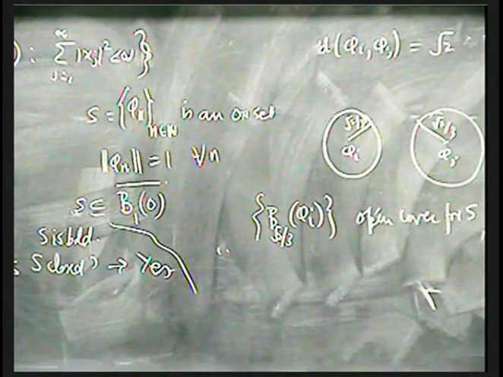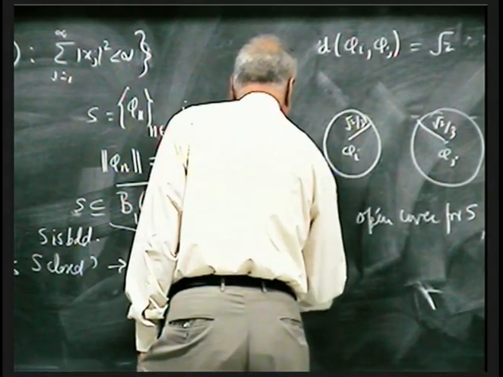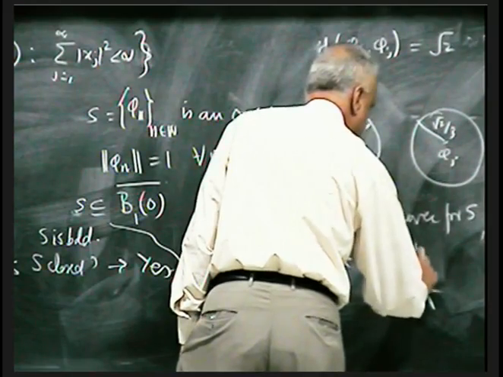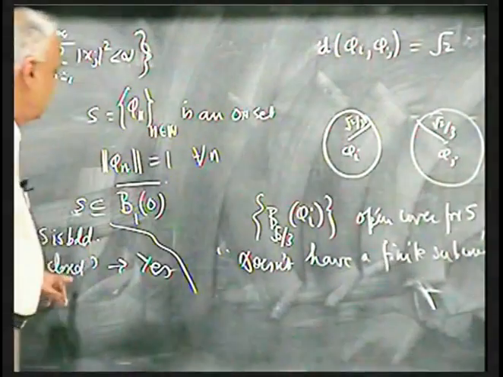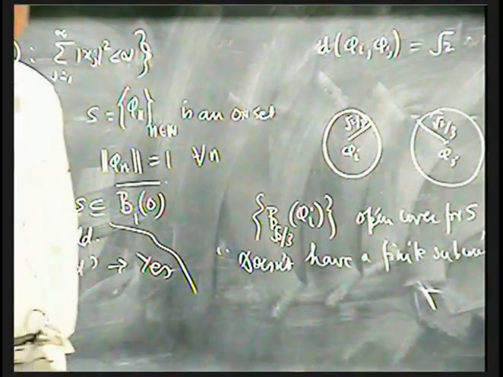It cannot, because every one of them contains only one of the phi i points. So you see now you have a closed and bounded set, but there is an open cover which does not have a finite subcover, which is different from what happened on the real line and Rn.